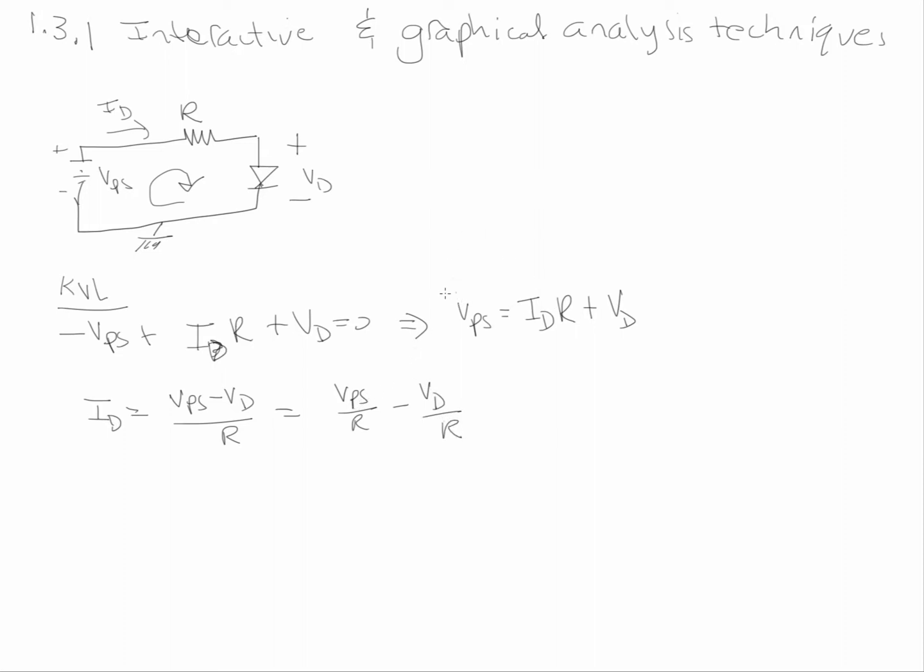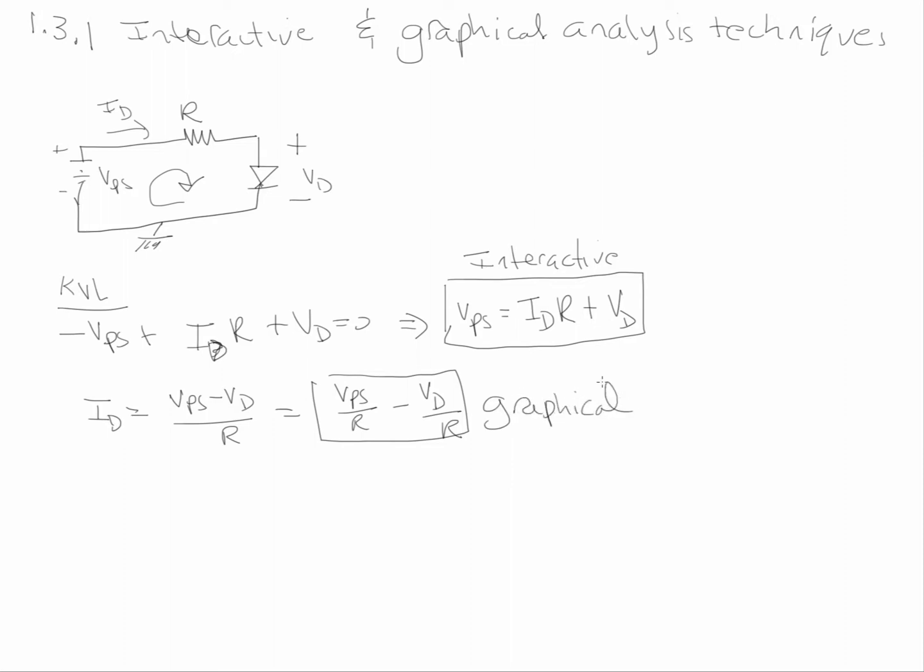And so we're going to use this equation for solving the circuit by iteration, and we'll use this equation for the graphical analysis. I wrote this wrong. This shouldn't be interactive.